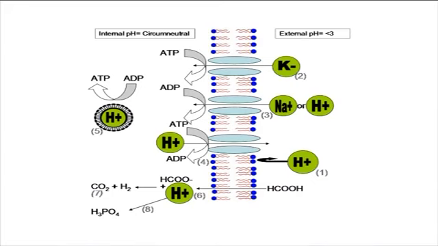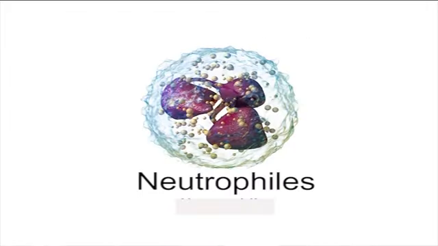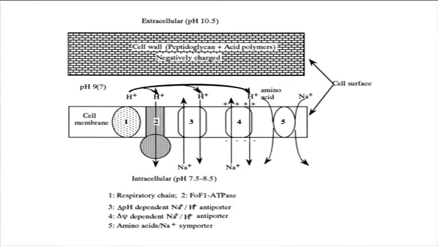Microorganisms which grow at an optimum pH well below the neutral range, that is 7.0, are called acidophiles. Those which grow best at neutral pH are called neutrophiles, and those that grow best under alkaline conditions are called alkalophiles.